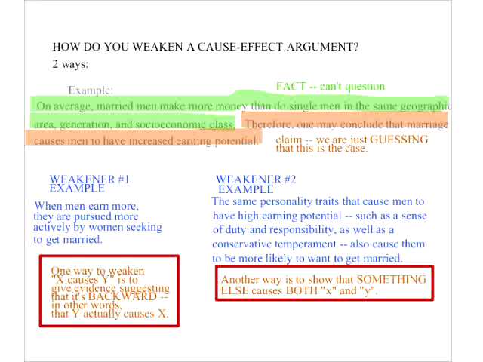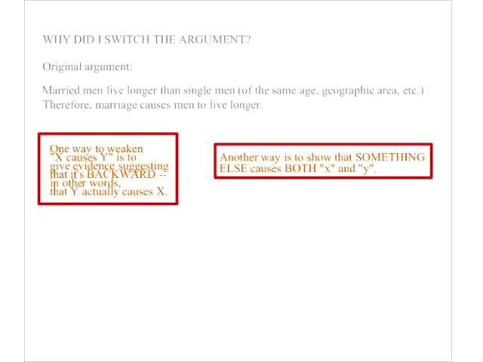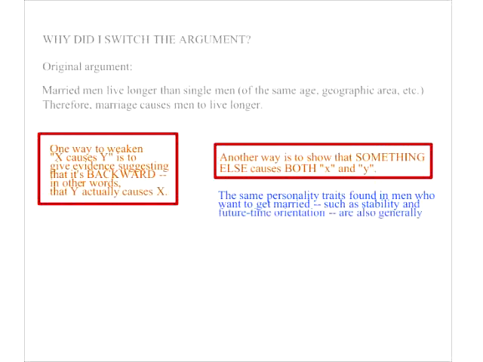You can say the same personality traits found in men who want to get married, such as stability and future time orientation, are also generally found to contribute to longevity, to living longer.